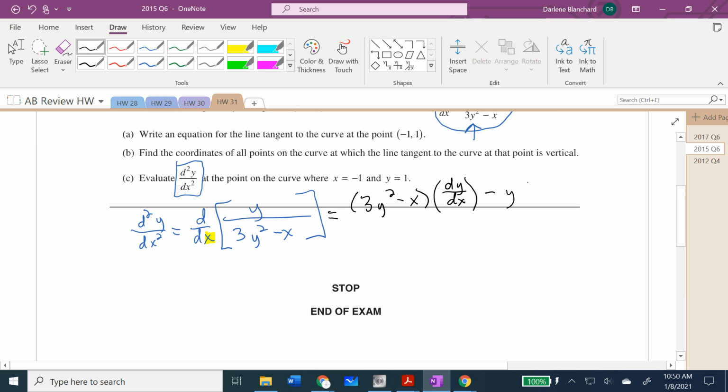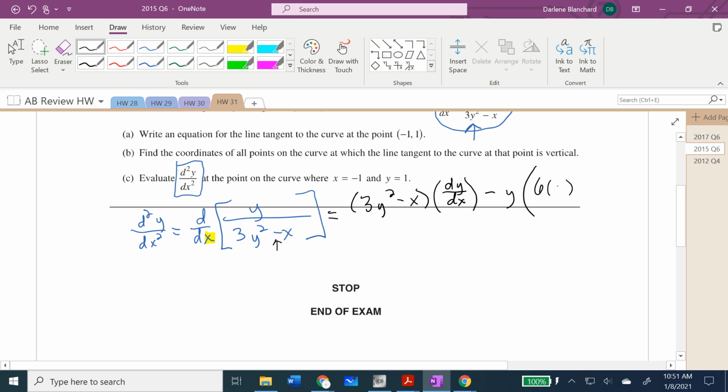Minus high d low. As I go through d low, I start before the subtraction with 3y squared, but I realize y is an x. So I look at it as y is a baby function. So I really have 3 blah squared. The derivative of the mommy 3 blah squared is 6 blah.